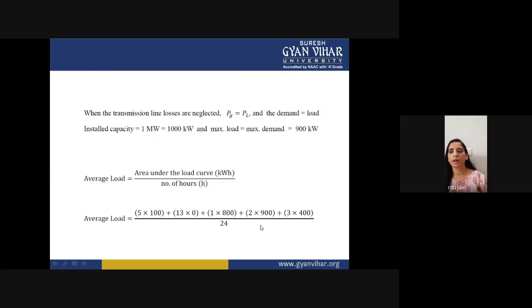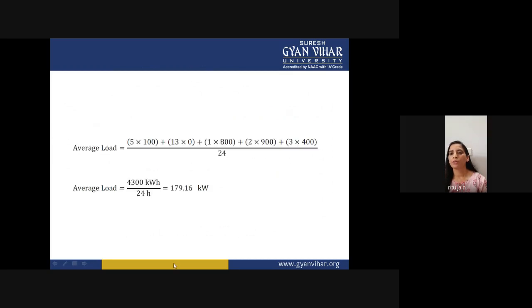The total load demand is divided by 24, so you will get the average load as 179.16 kilowatt for a day.